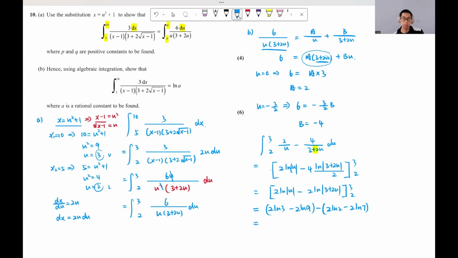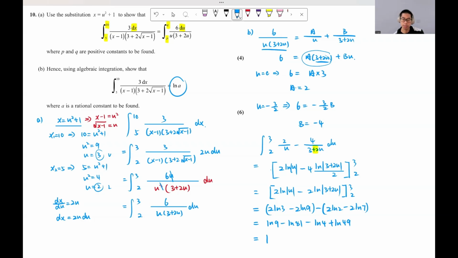Now, because the final expression is just ln A with no coefficient at the front, we need to bring the coefficients in as a power. So that would be ln 3 squared, 9, minus ln 9 squared, which is 81. And then minus ln 2 squared is 4, and then negative, negative makes it positive, and then ln 7 squared, which is 49.